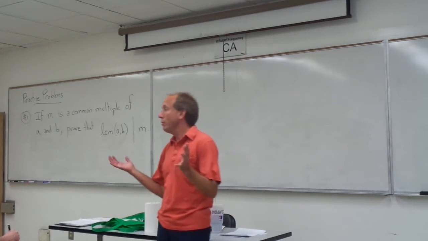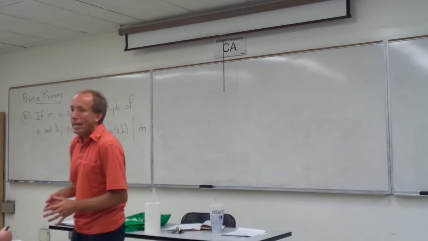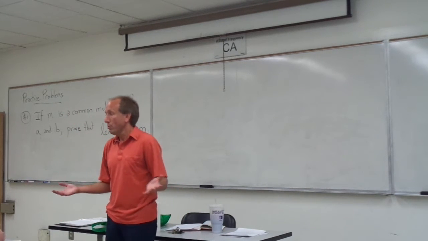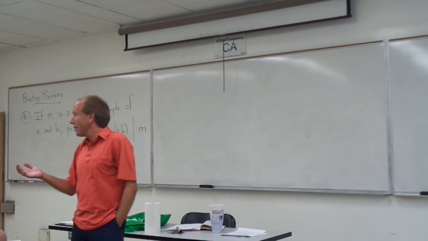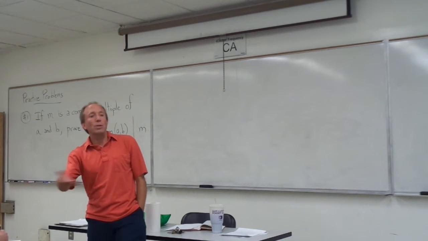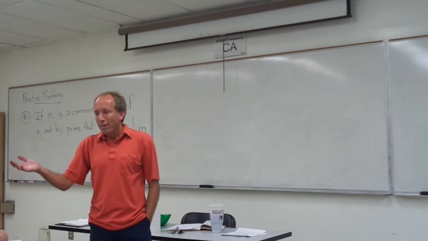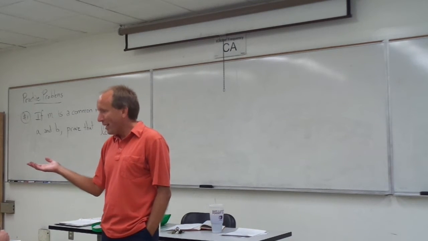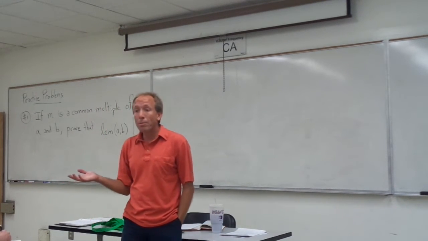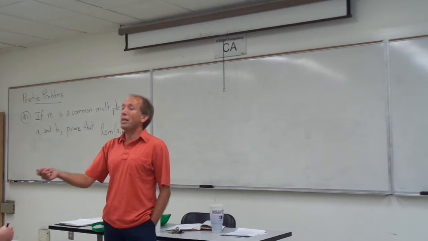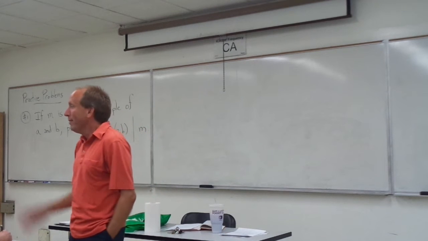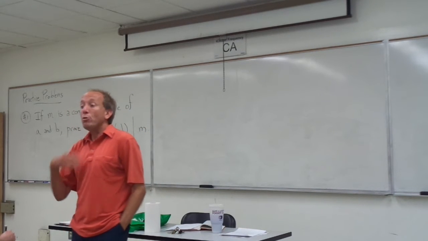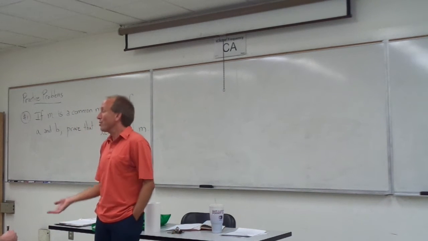If I gave you a number like 1 million and asked you to divide it by 7, I would expect you to be able to do that and come up with a remainder between 0 and 6 relatively easily. 1 million might be a little bigger than I need to make it, but I'm going to try and make problems where you can't just see the answer by inspection. If I make my numbers too small, then it defeats the purpose of having you use what you've learned in the class to solve the problems.